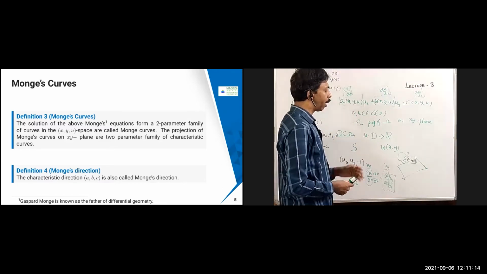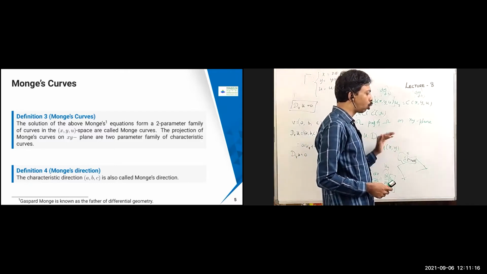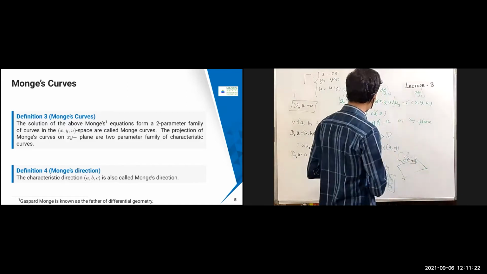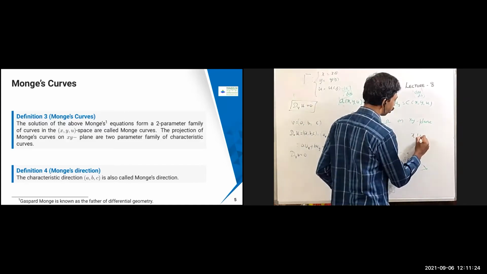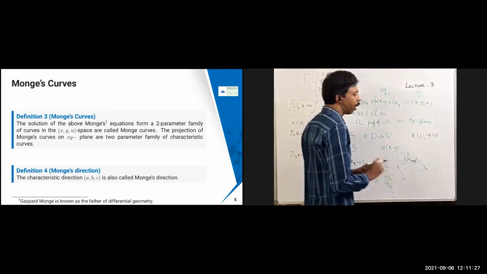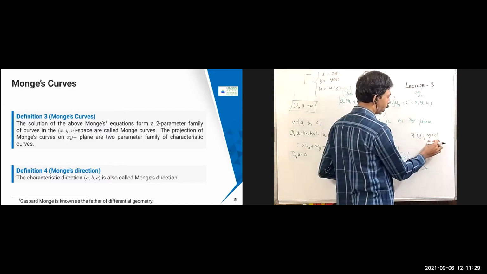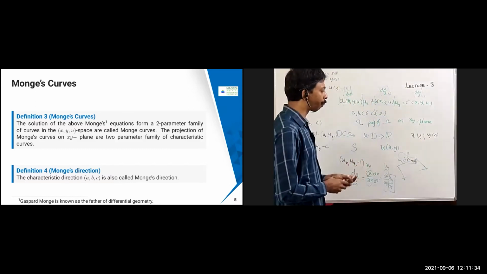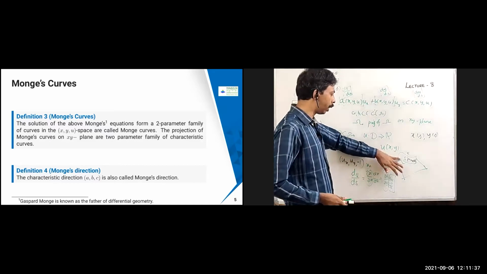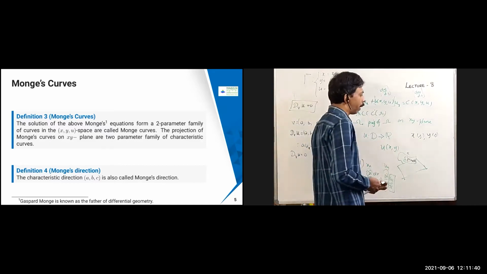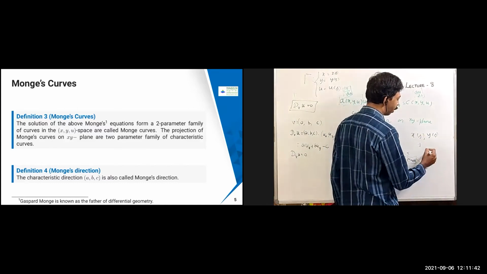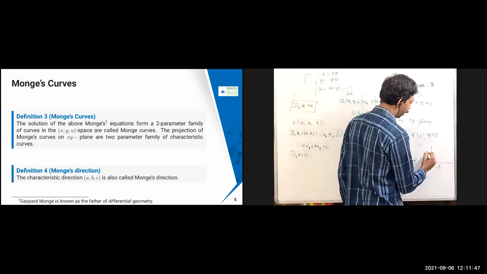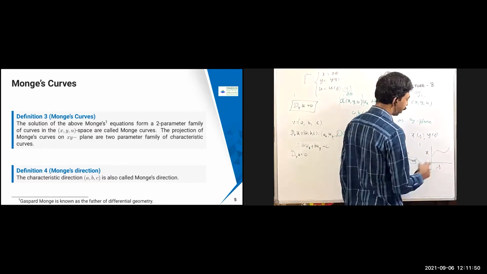Now what are you going to have here? You are going to have a two-parameter family of curves in the space of x, y, because x of s and y of s are going to come. For each s you are going to have an x of s and a y of s that describe some curve in the space. Suppose this is my s and this is my x; for each s I will have a curve.